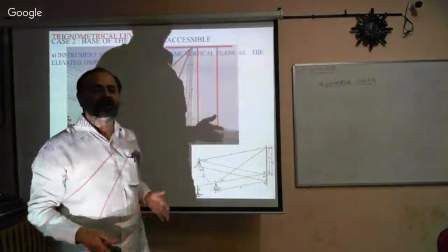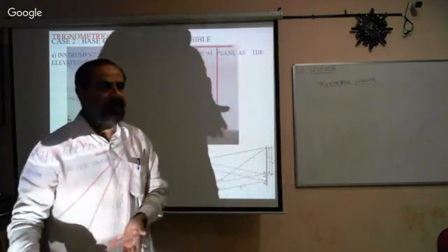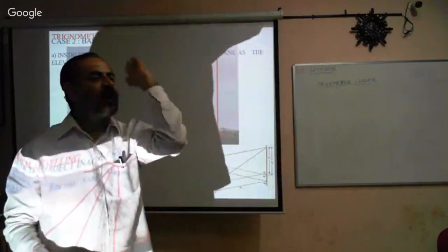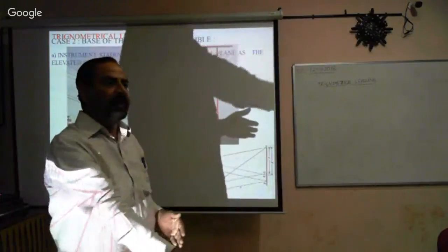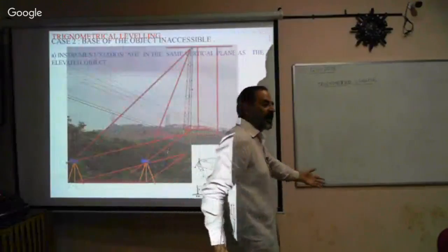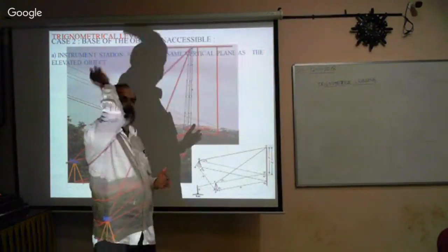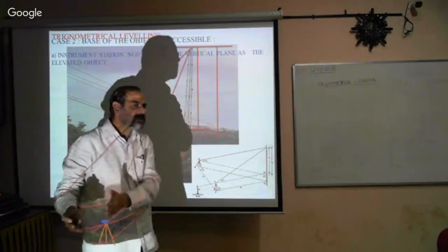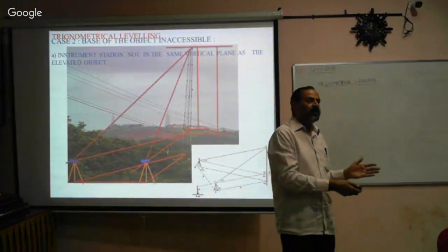Then we may need to install the instrument in another place. Instrument station and object, that is one plane. And move the instrument to the other station, not exactly behind it, not in a single line. Now this instrument is moved to the second station.